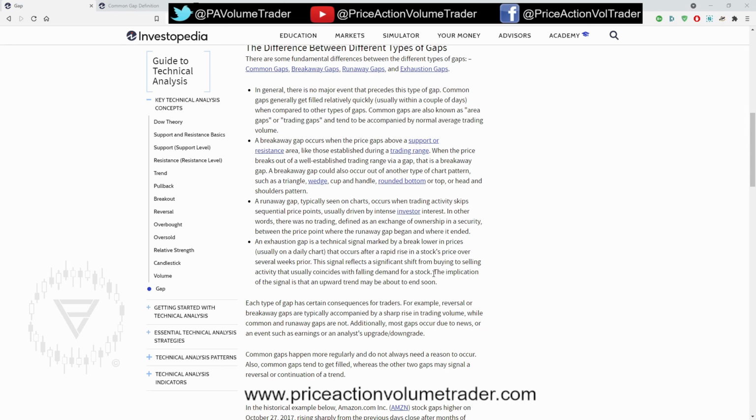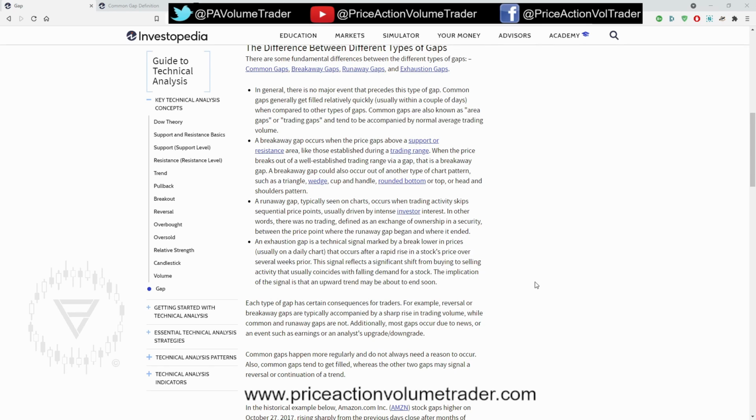Usually this signals a shift in the sentiment between buying and selling activity, and in this case it indicates that the upward trend may be ending soon.